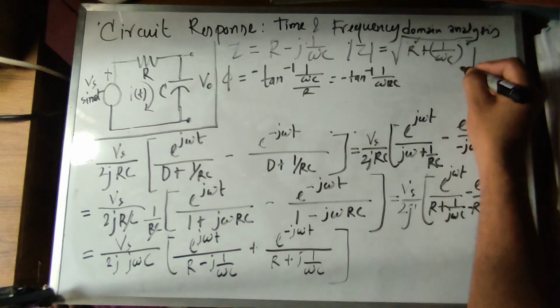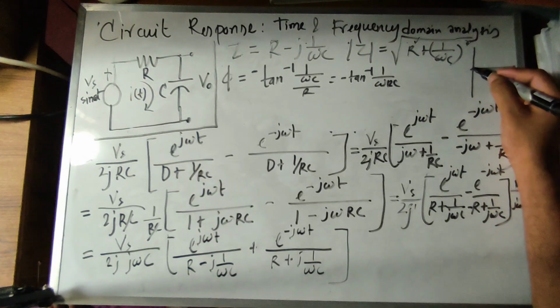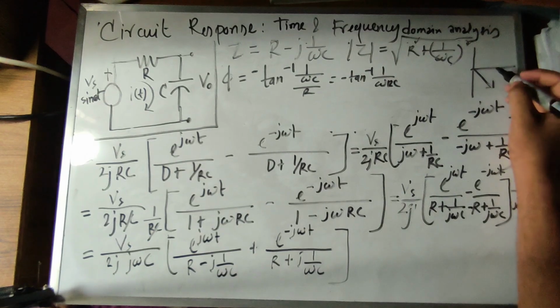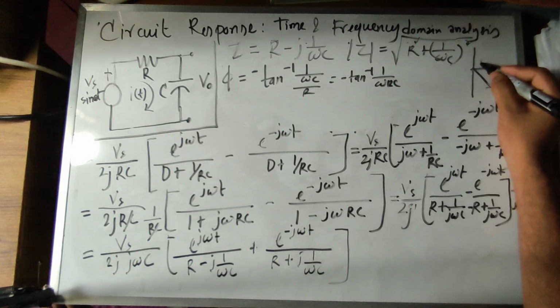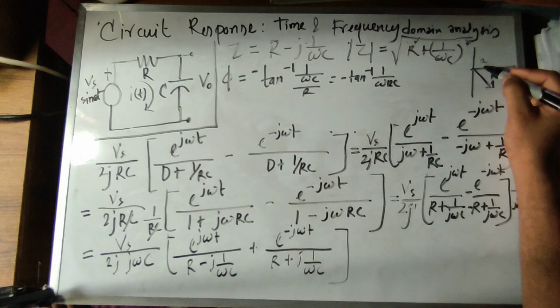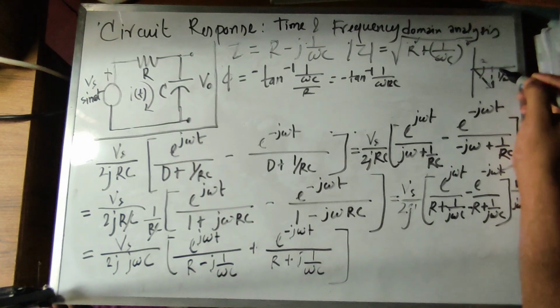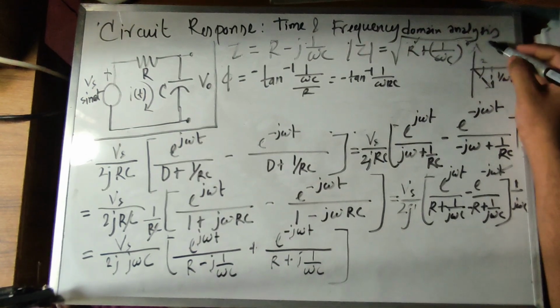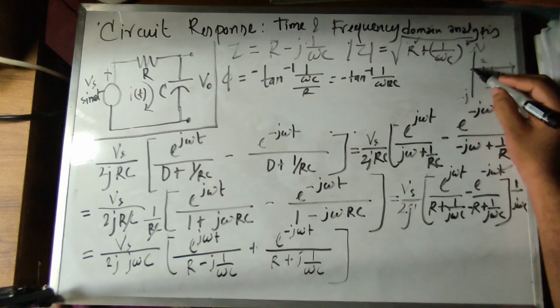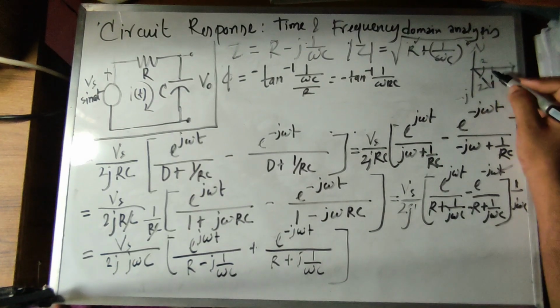So the impedance diagram will give us this. This is R, this is 1 by omega C, minus j, this is Z, and this is phi.